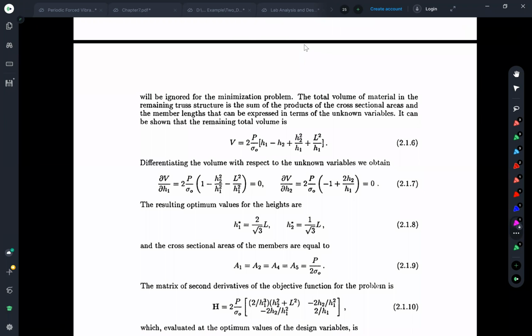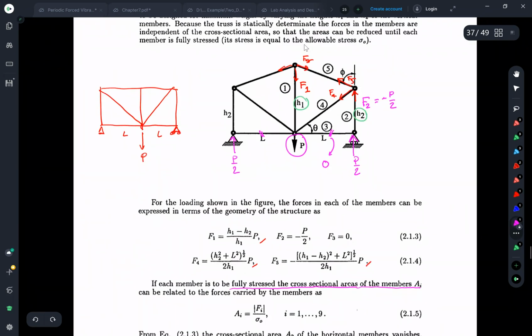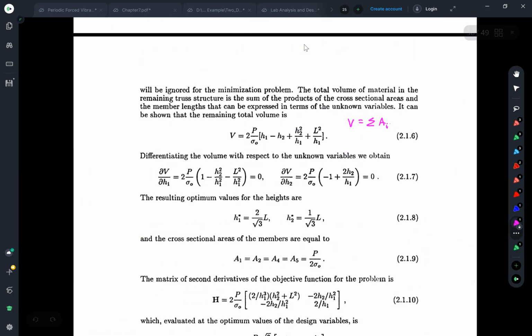And when I have the area, if I want to find the weight, I need to compute the volumes. The volume is A multiplied with L. Let me use a small l for each member, otherwise you will be confused.